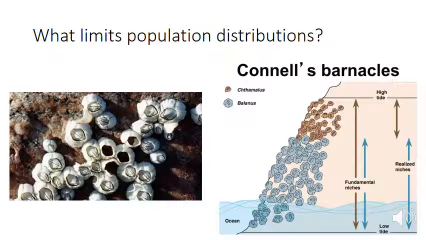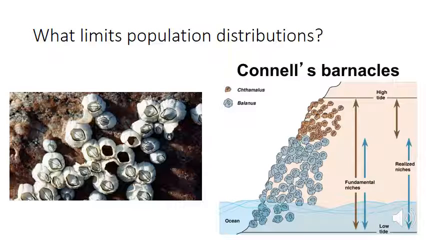So the theory goes that the brown barnacles are much more resistant to desiccation, so they're able to tolerate that dry environment, whereas the grey barnacles are limited to that lower portion of the beach because they can't tolerate desiccation to the same extent.